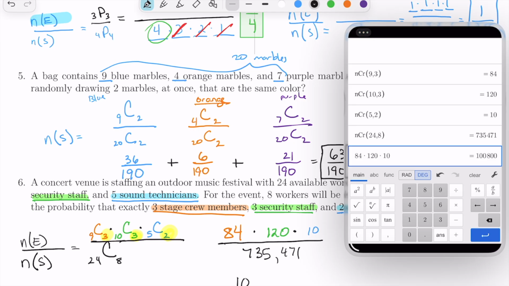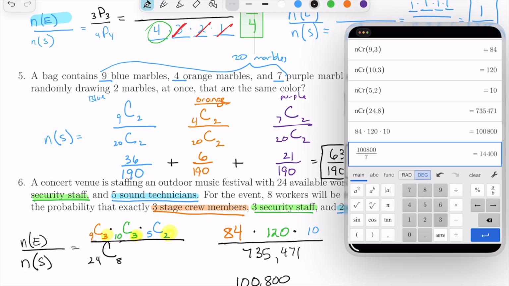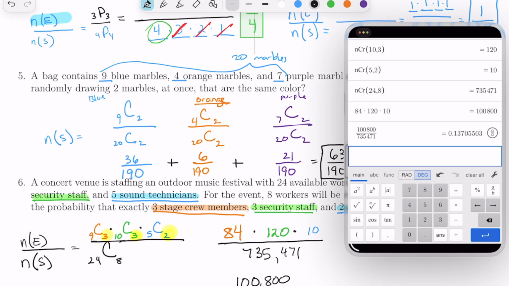There we go. We get a little over 100,000, over 735,000. So we'll take that answer and we'll divide them and work on reducing them out. So about a 13% chance or 14% chance that this works out.